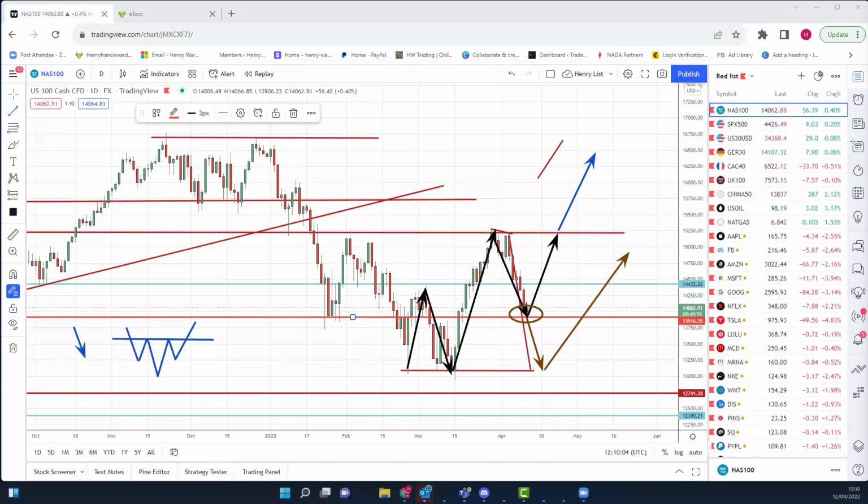Okay, perfect. What's the probability of the market bouncing at this point? Okay, so on this one, I get 90, 90, 90, 80, much higher, 51, 70.